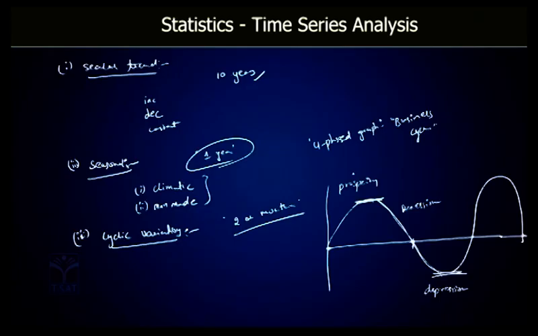The process of going from prosperity to depression is recession. Again, going from depression to prosperity is recovery. So prosperity, recession, depression and recovery: this is a 4-phase cycle. It will repeat within a time factor of 2 or more years. This kind of cycle is what we call a business cycle.